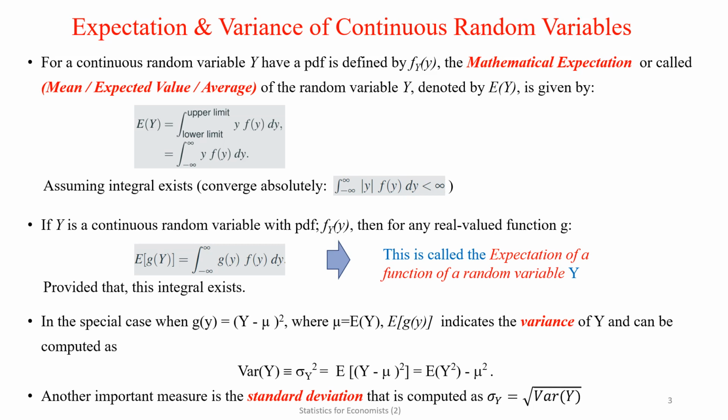We can get it by integration from negative infinity to infinity of (y minus mu) squared times f of y. Or for simplification, we can write it as the expected value of y squared minus mu squared. And the standard deviation is defined to be sigma y, the square root of the variance of y.